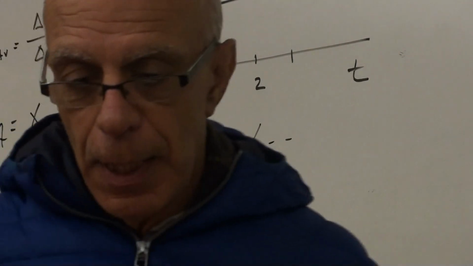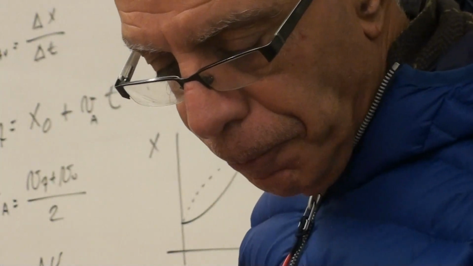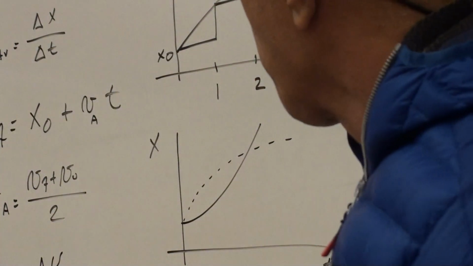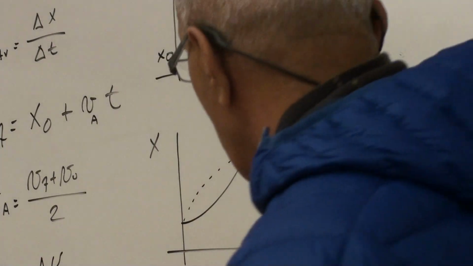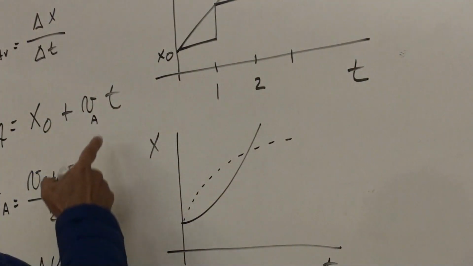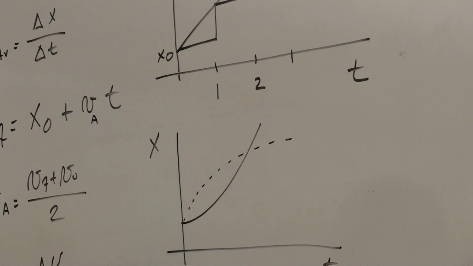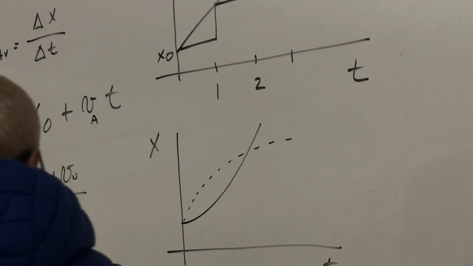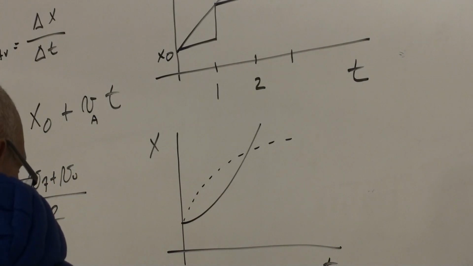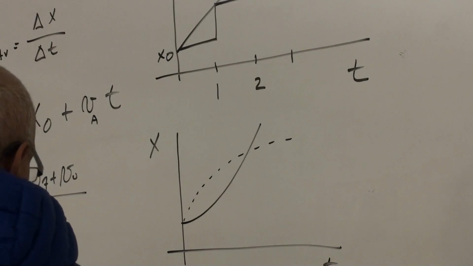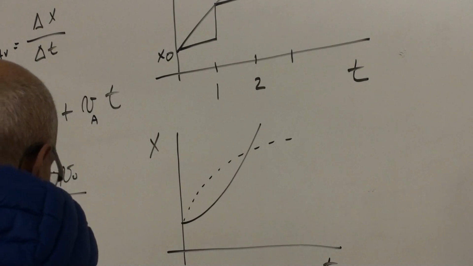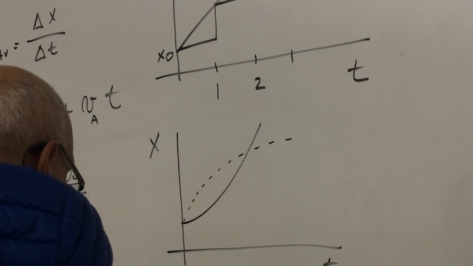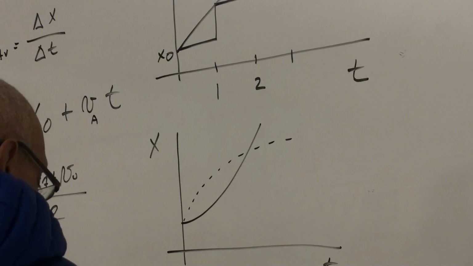The other formula that I can use from here, delta t is going to be VF minus V0 divided by A. So I have these two formulas here.